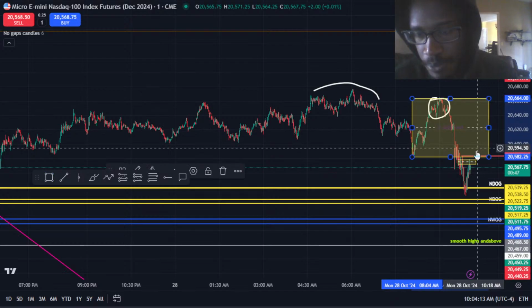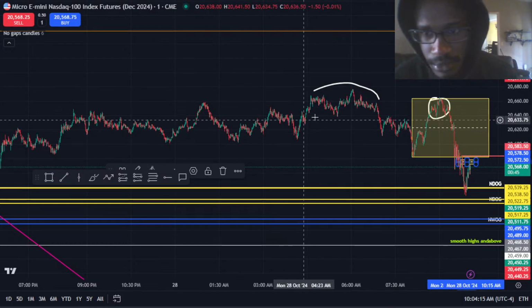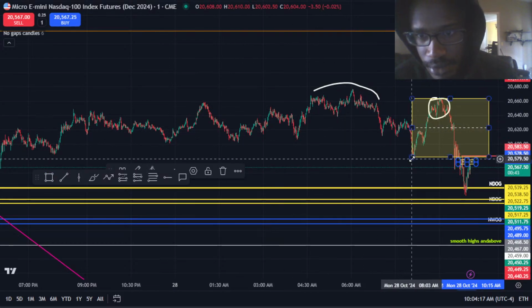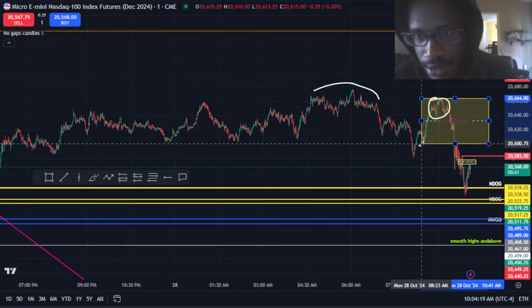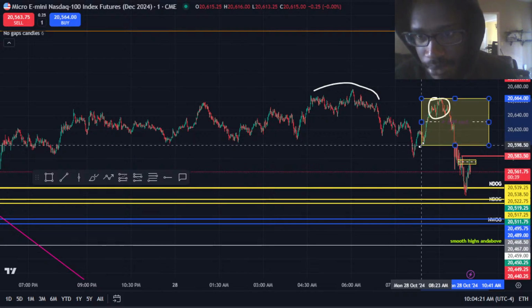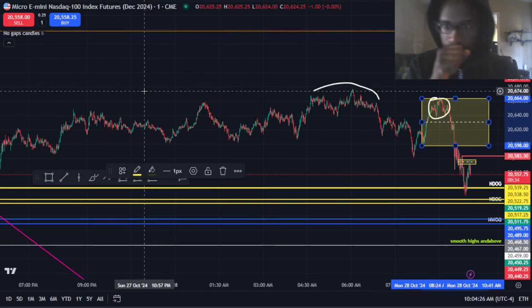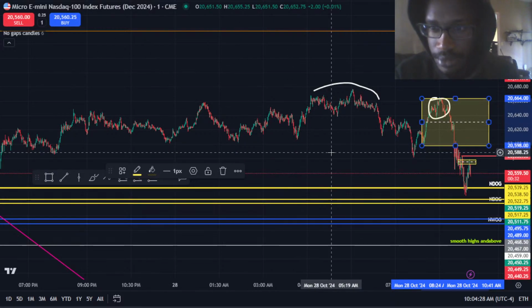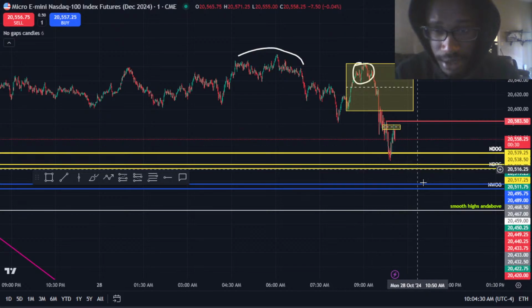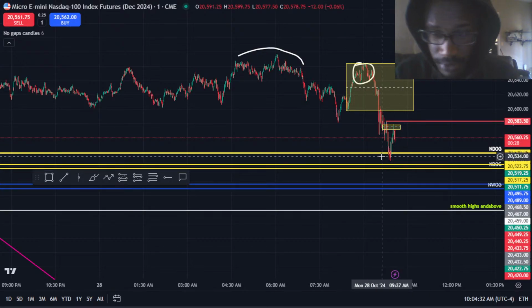I'll do it from this one since this is where this leg broke structure up and came back down. But yeah, we're looking bearish.